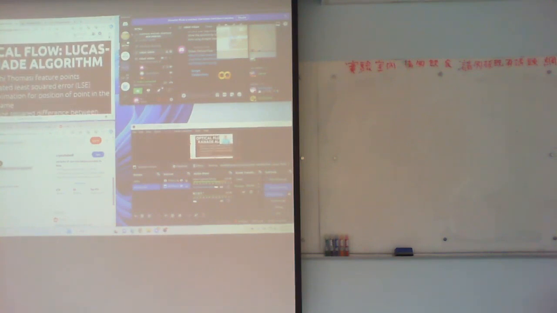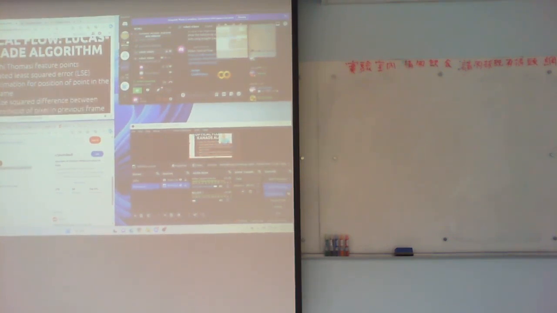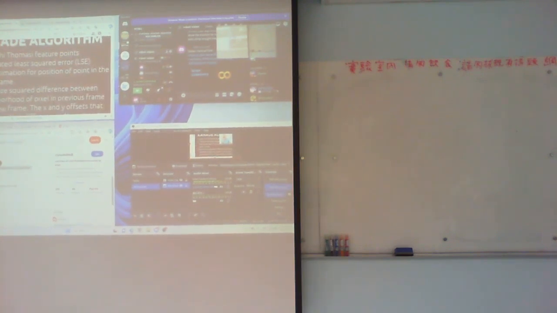Now, for the optical flow algorithm, we use the Lucas-Kanade algorithm. It uses a specific set of feature points, Shi-Tomasi, which are calculated. Last time we did the slides with the feature points. We talked about the Taylor expansion of moving the pattern across, and that's basically the implementation of that.